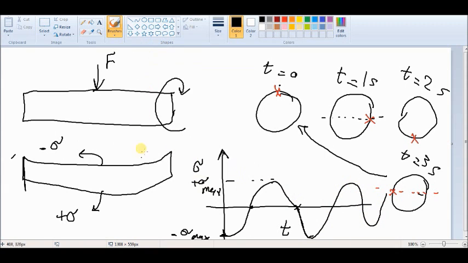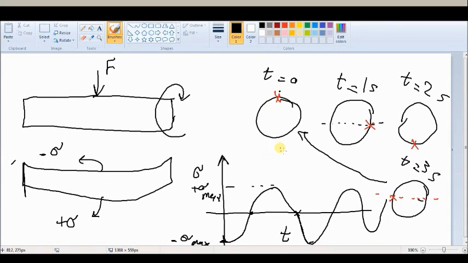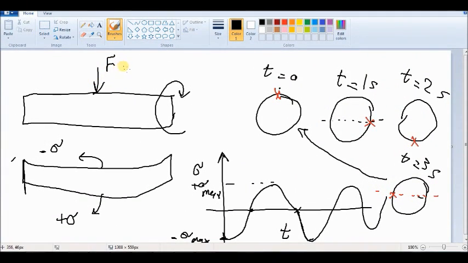In this case, because the geometry of the shaft is symmetric, completely circular, the value of c is constant. That's why the absolute value of the positive sigma max is equal to the absolute value of the sigma min.